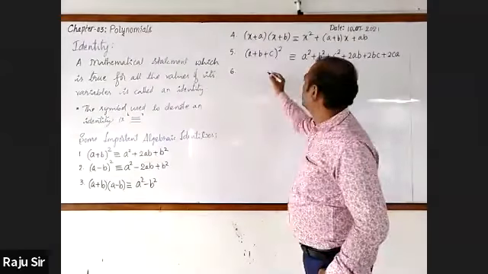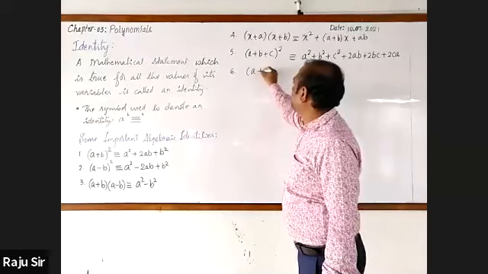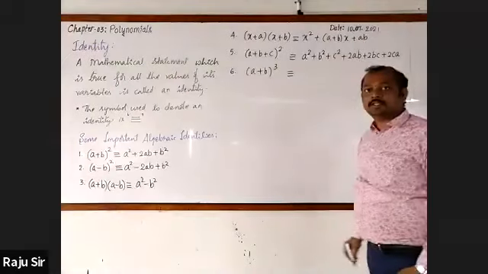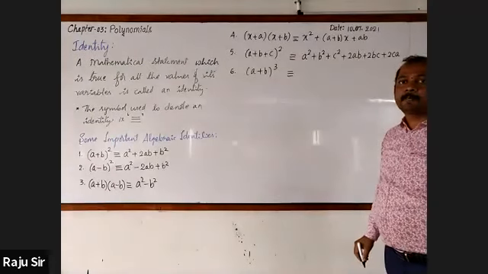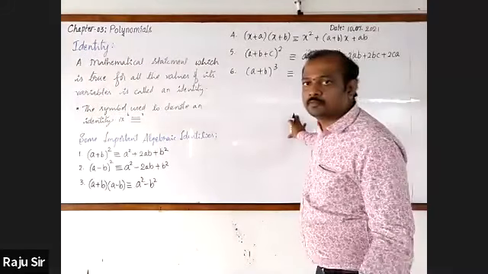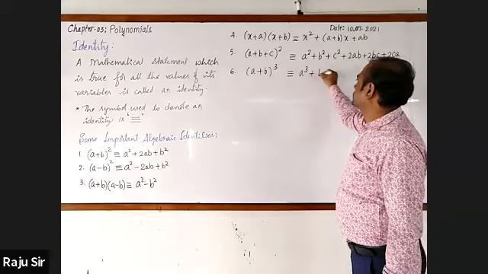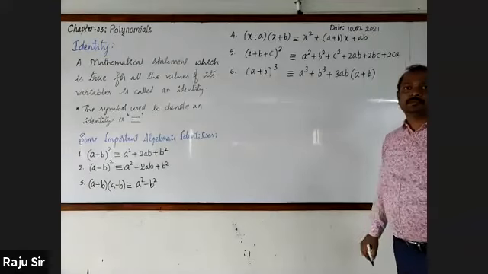Next one, (a plus b) whole cube is exactly equal to a cube plus b cube plus 3ab into (a plus b).